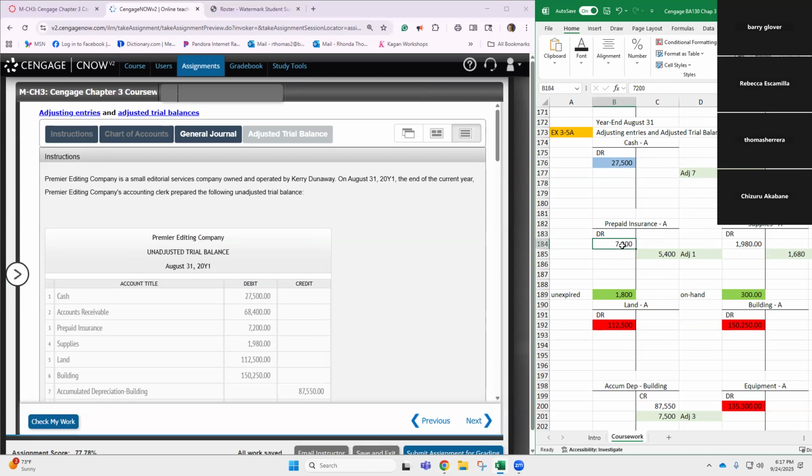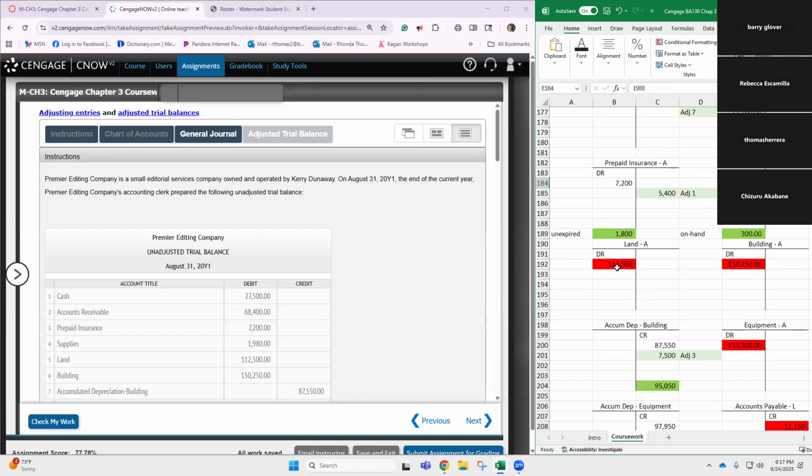Now I'm going down to prepaid. My prepaid insurance should have $7,200 in it. Yes. My supplies account should have $1,980 in it. Yes, it does. My land should have $112,500. There is not an accumulated depreciation for land, and there never will be, because we don't know how long land is going to last.